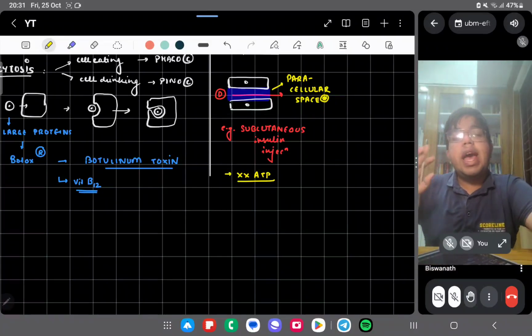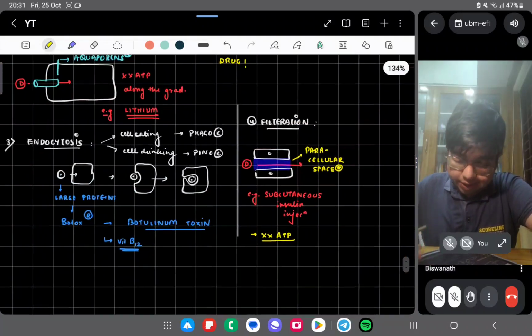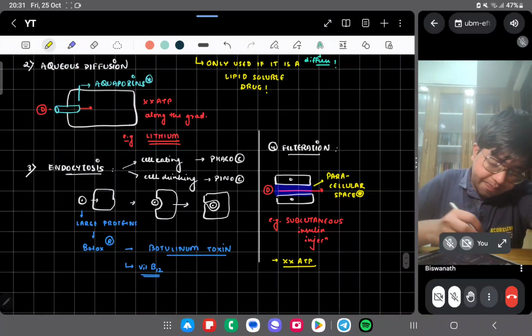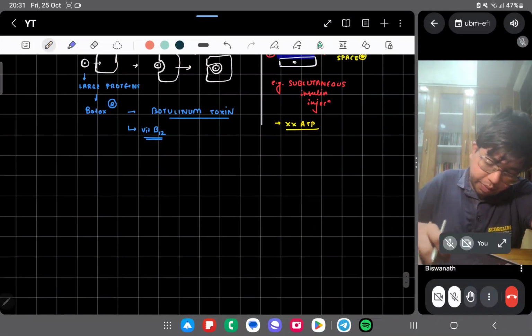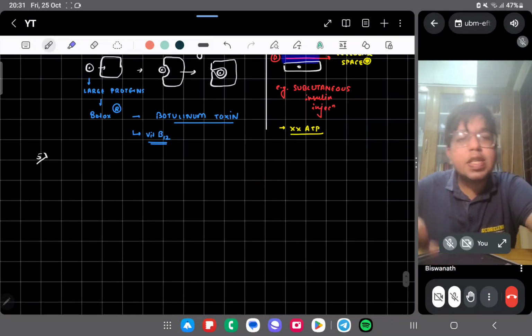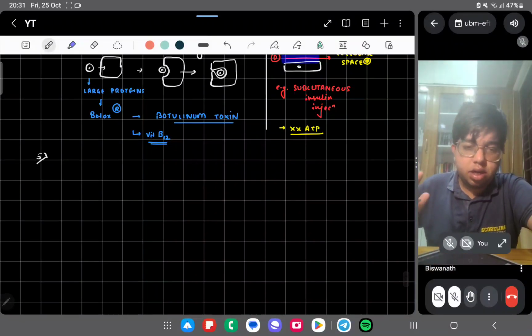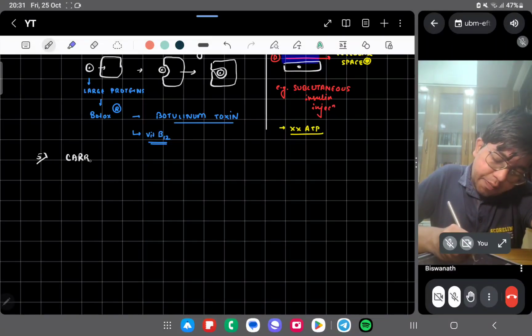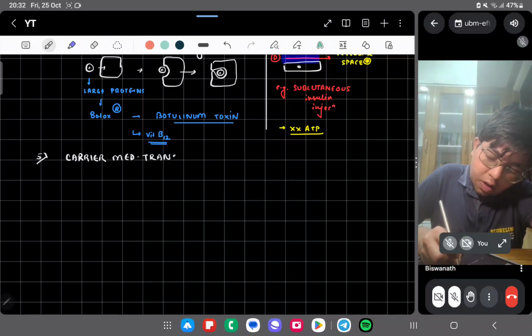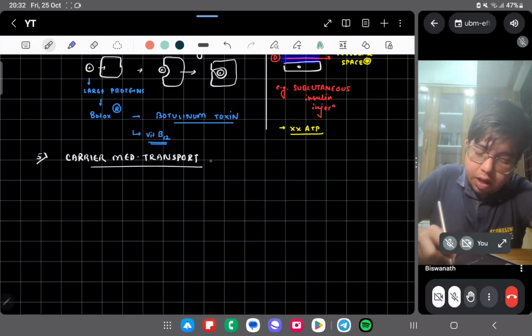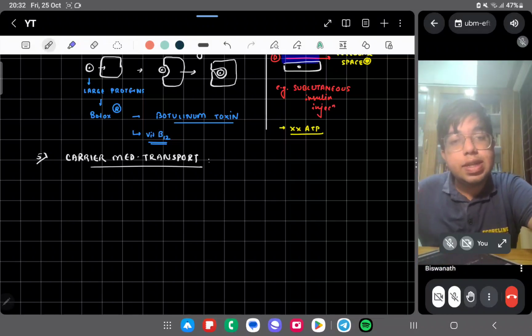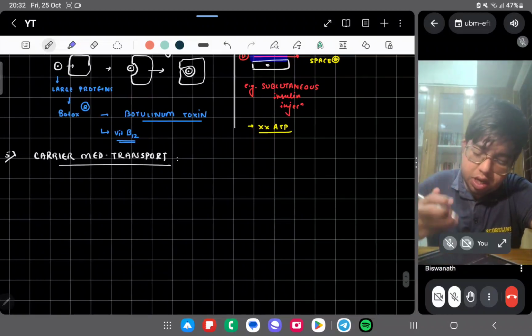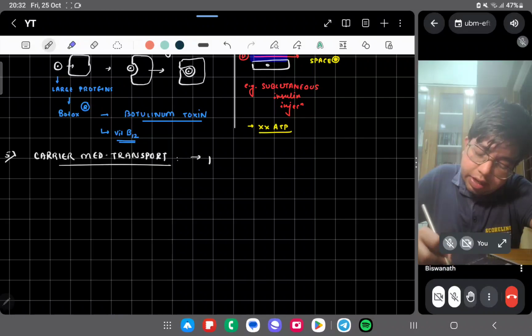Okay. Now we have different kinds of transporters, and this kind of movement is called carrier mediated transport, right? In this type of movement of the drug, you require different kinds of pumps.